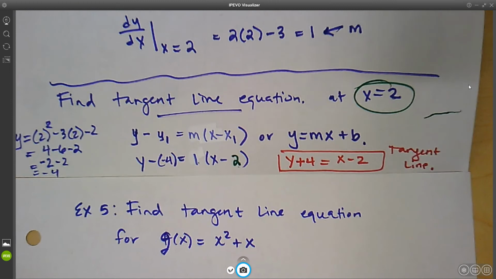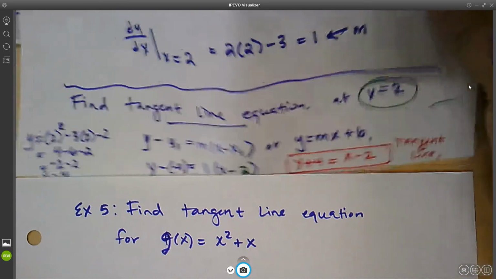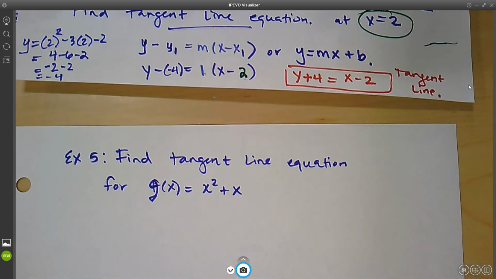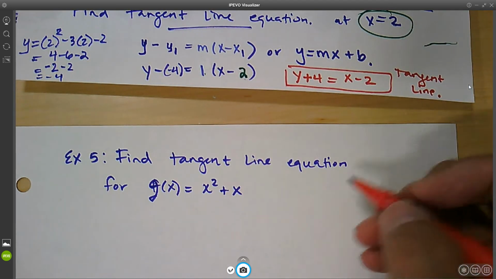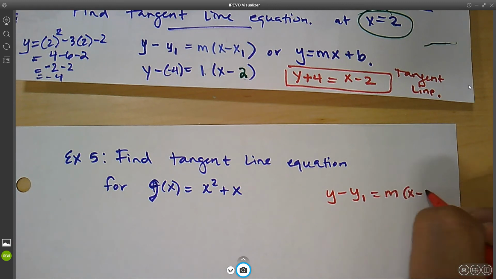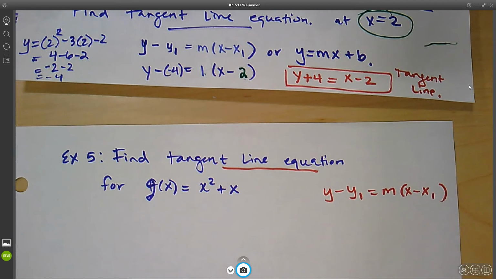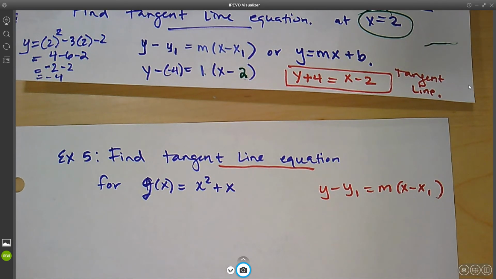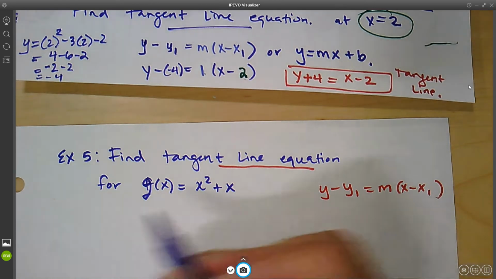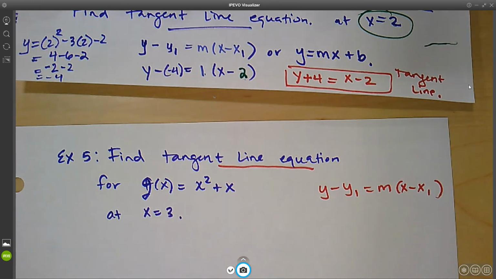Just to start using different notations, we'll name it g. Okay, so your answer is a line answer. Your answer is the equation of a line, the tangent line. And in this case, we will need to know a particular spot, let's just say at 3.